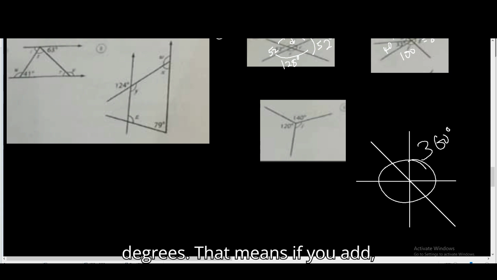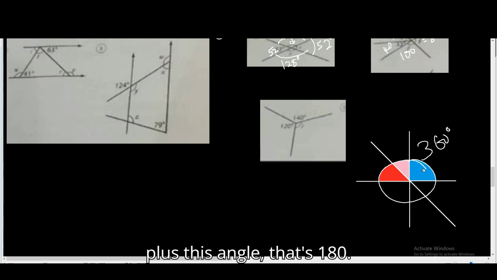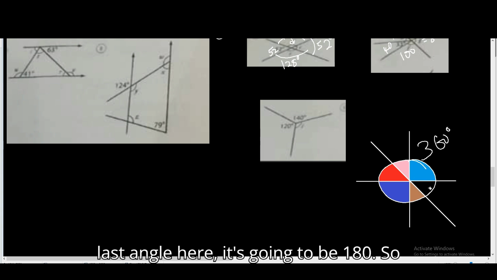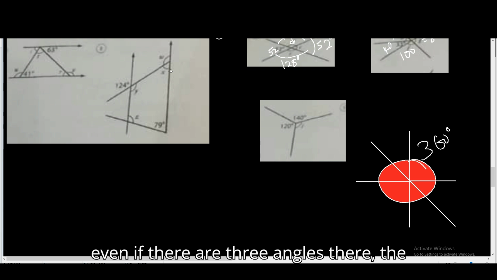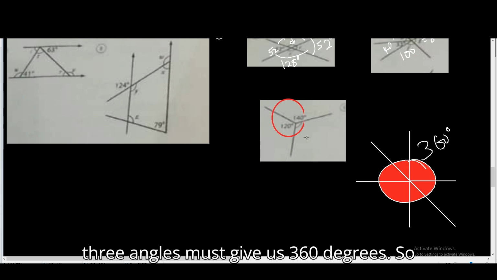That means if you add this angle plus this angle plus this angle, that's 180. And if you add this angle plus this angle and plus the last angle here, it's going to be 180. So addition of everything together is going to make us 360 degrees. So even if there are 3 angles there, the 3 angles must give us 360 degrees.